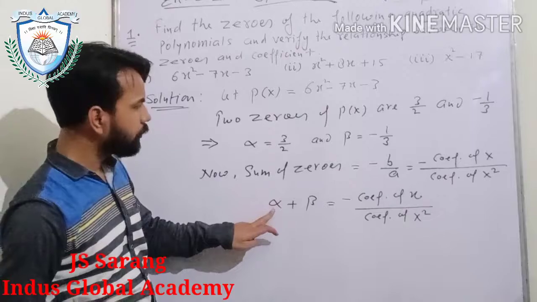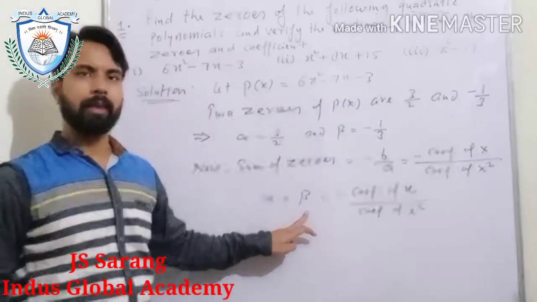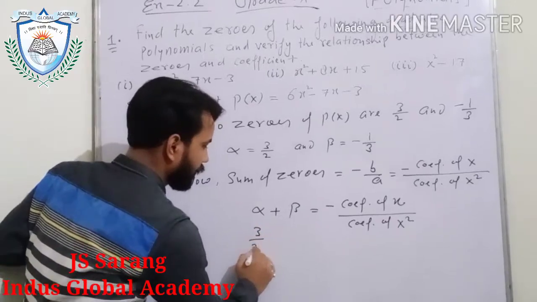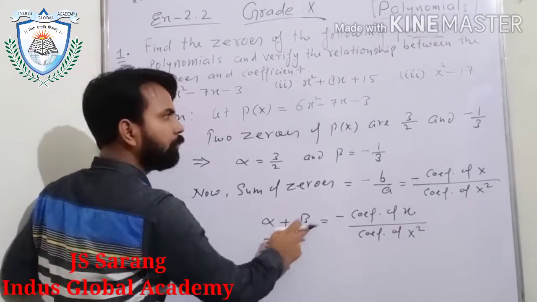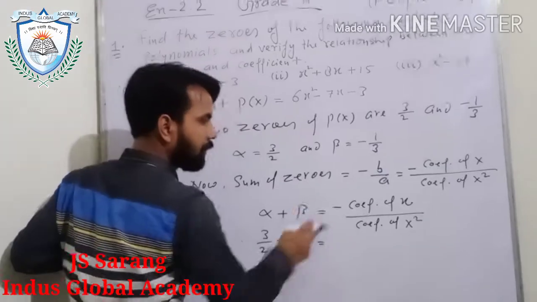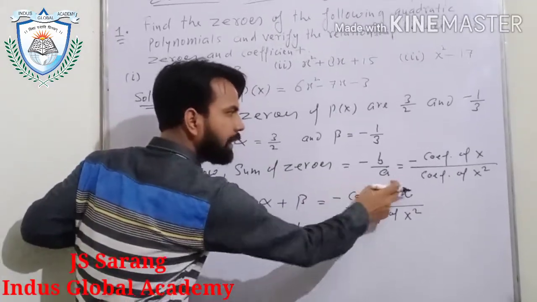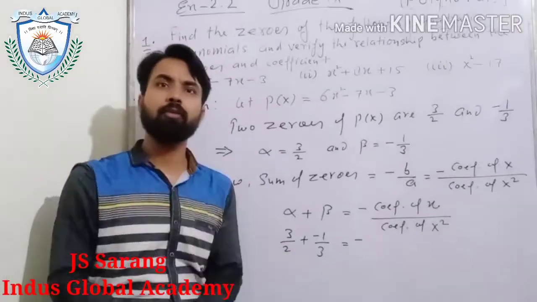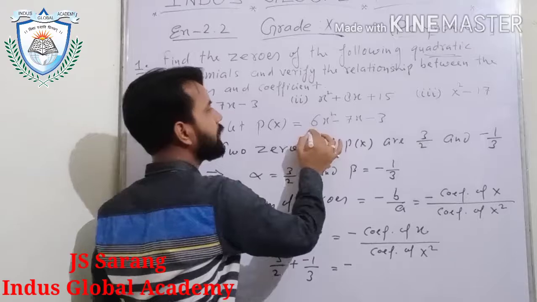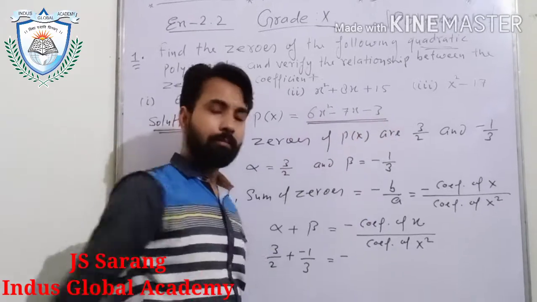Now we have to substitute the values of alpha and beta here. The value of alpha is 3 upon 2 plus the value of beta is minus 1 upon 3 equal to minus coefficient of x. Coefficient of x where? In p(x). p(x) is given as 6x square minus 7x minus 3.